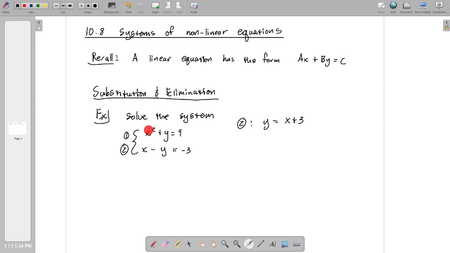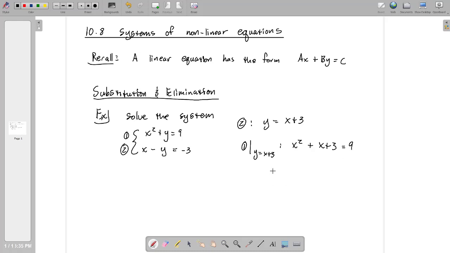I do this because I want to keep my x squared, because an x squared, a quadratic equation, has the potential of having more than one value as a solution. So we look at equation 1 with y equal to x plus 3. That will give us x squared plus x plus 3 equals 9.